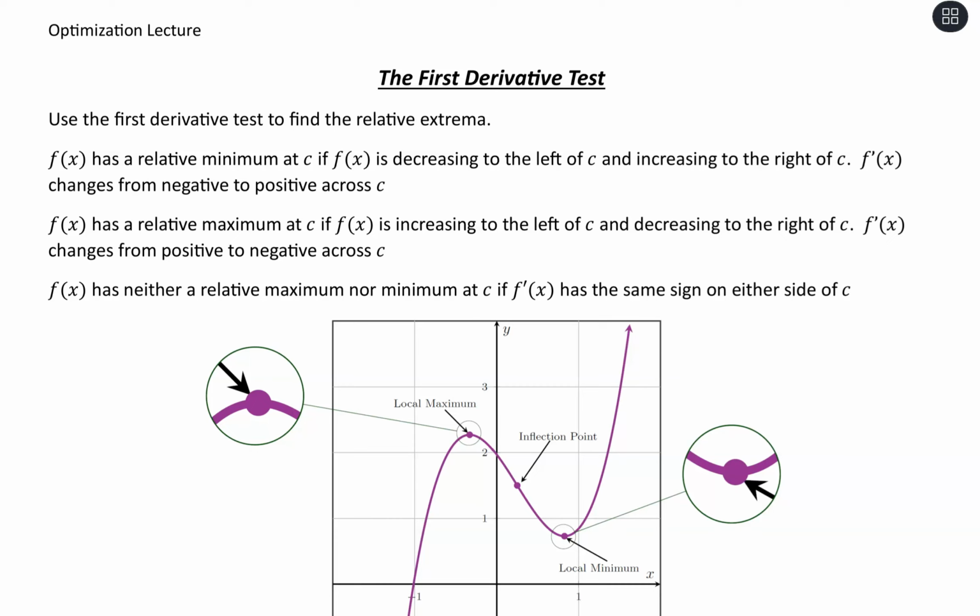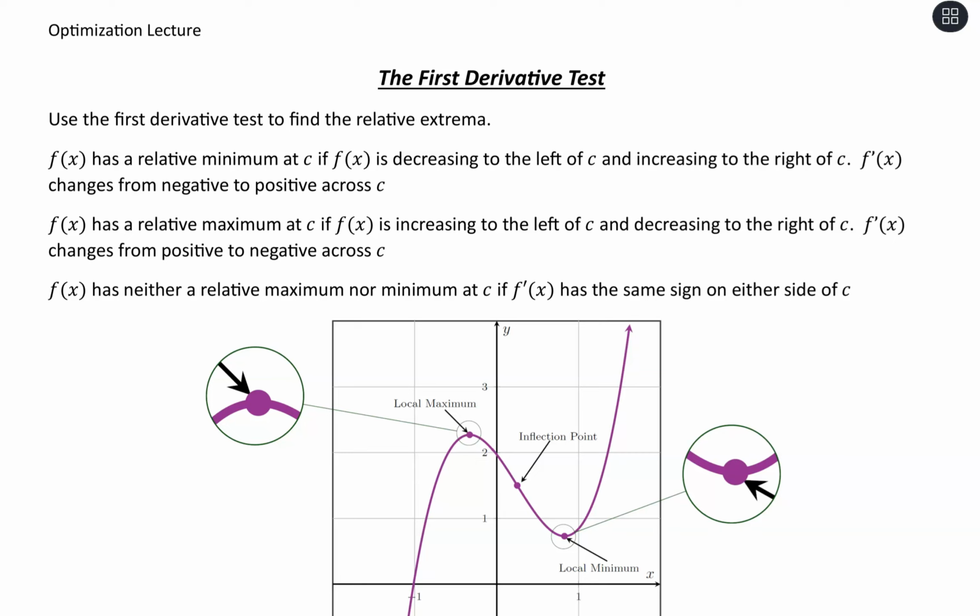So, taking what we just learned about how a positive or negative first derivative tells us about increasing and decreasing, what we can do is run this first derivative test that can give us all the information about our function: all of the intervals where it's increasing, all of the intervals where it's decreasing.